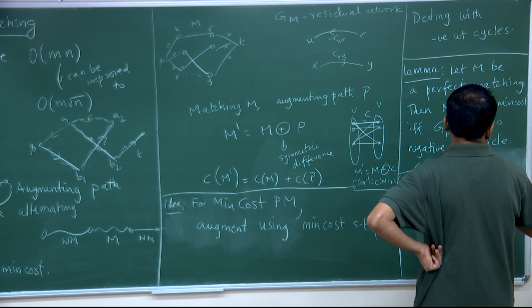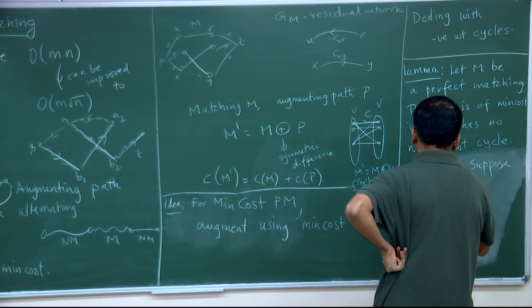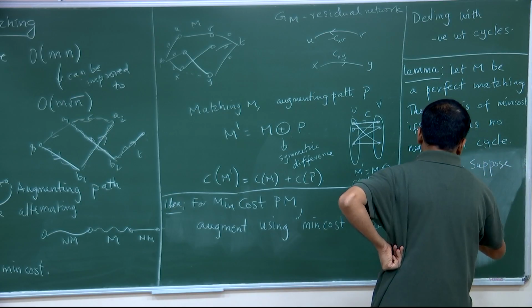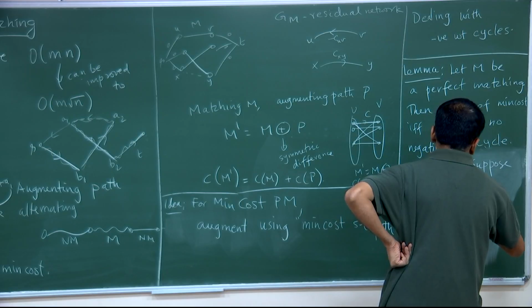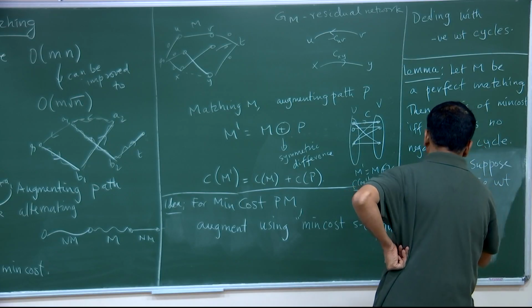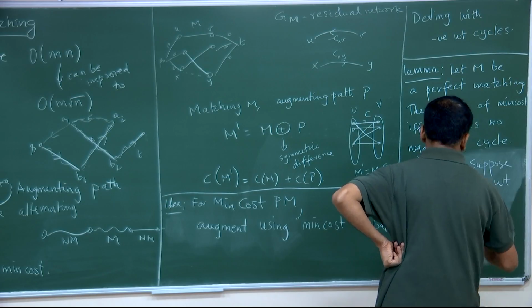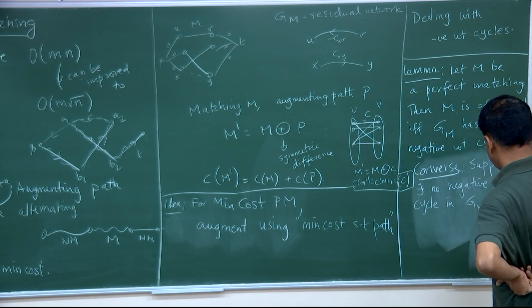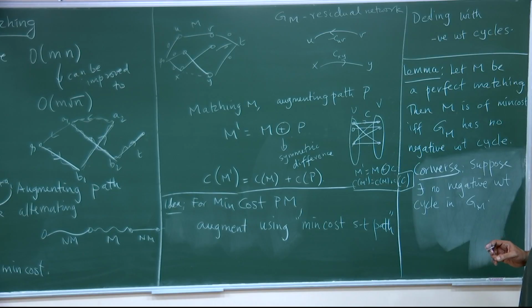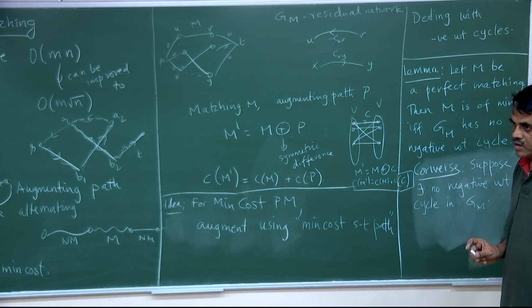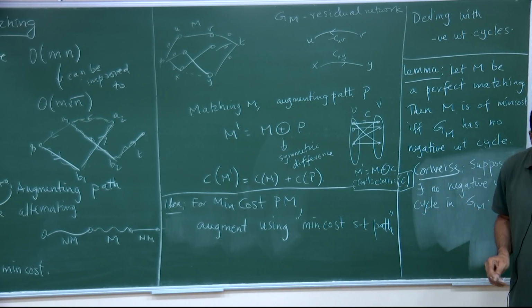The other direction is, suppose there is no negative weight cycle in the residual network. M prime will be a perfect matching.